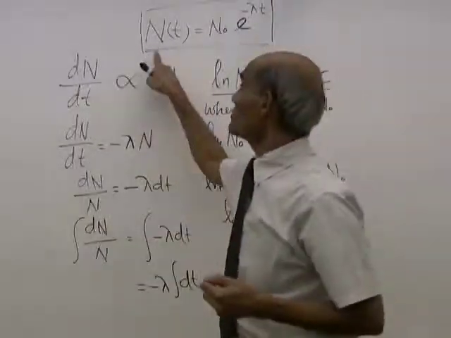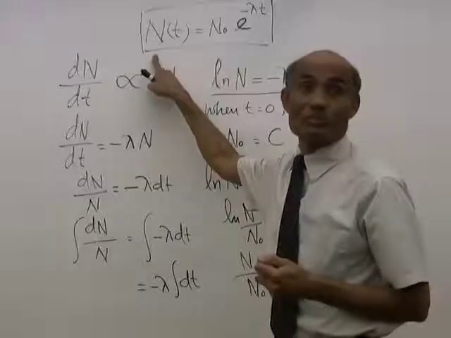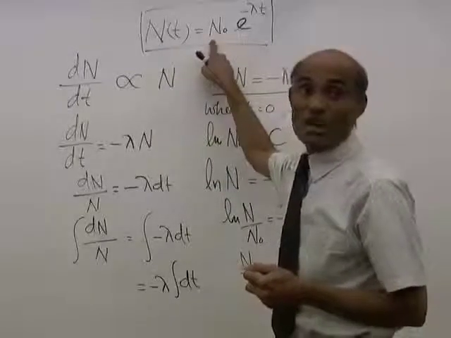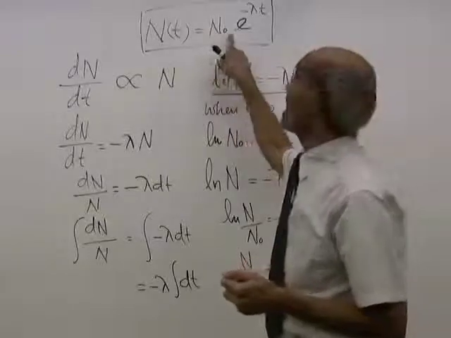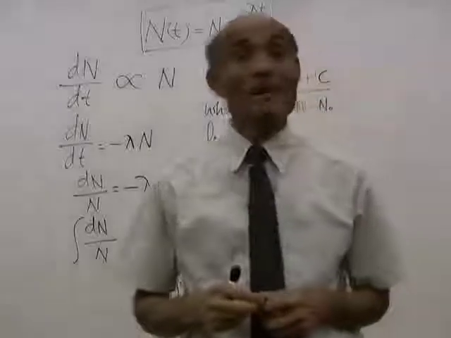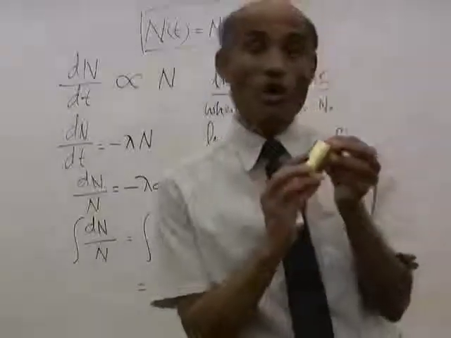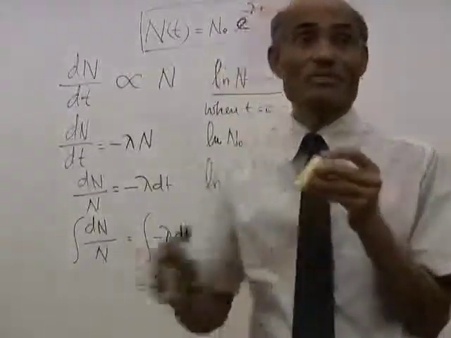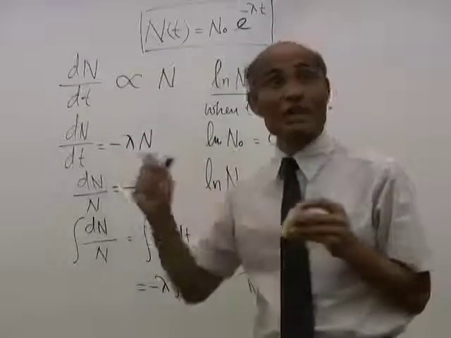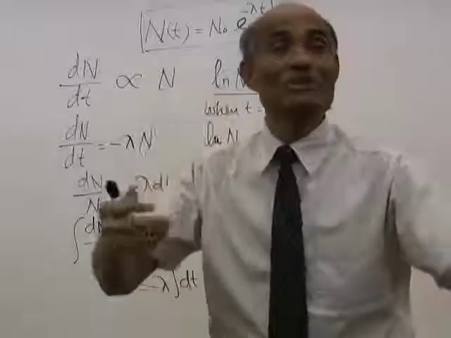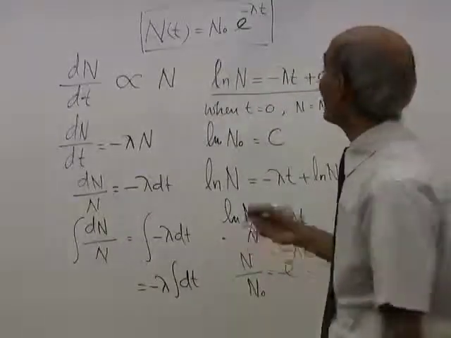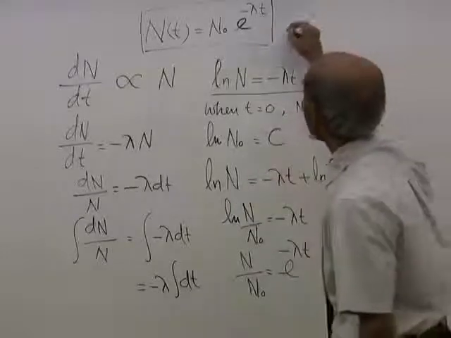The number of radioactive atoms present at any given time is the number you start with, the initial number, times e to the power of negative lambda t, where lambda is a constant for a given material. We started that out here. It will change from material to material. And this lambda is called the decay constant.